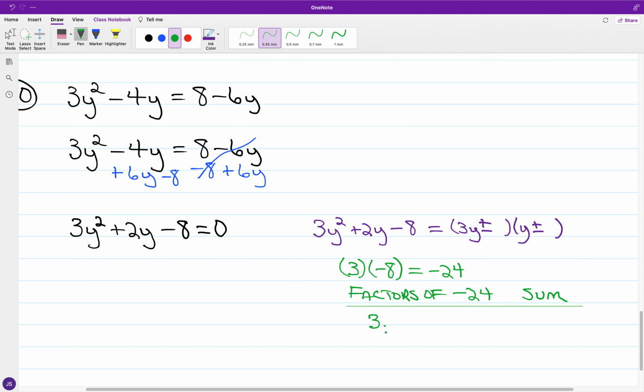Start out with 3 and negative 8. 3 times negative 8 is negative 24. However, 3 plus negative 8 is negative 5. If I change the signs, you have negative 3 and 8, but the sum is positive 5. But I want the sum to be positive 2.